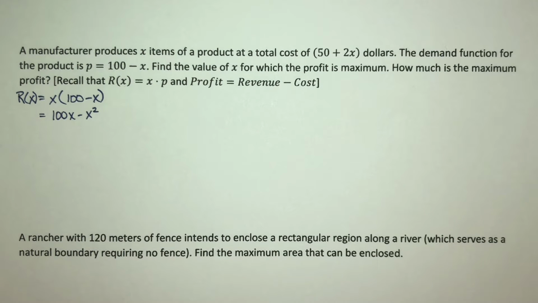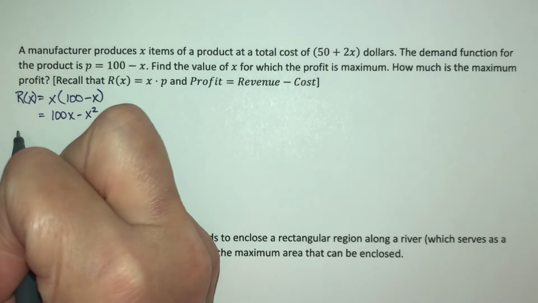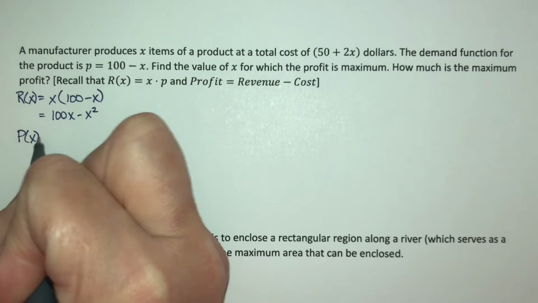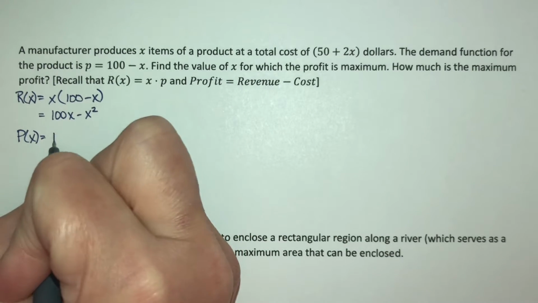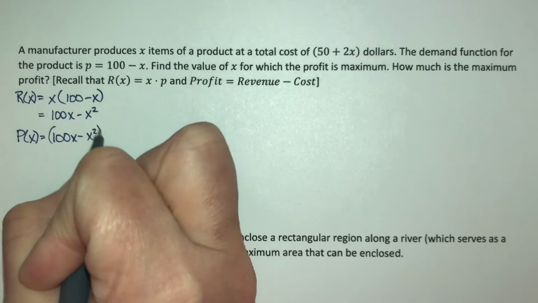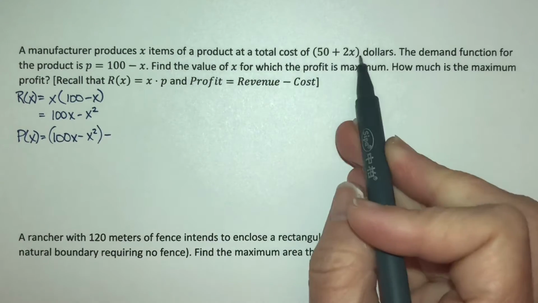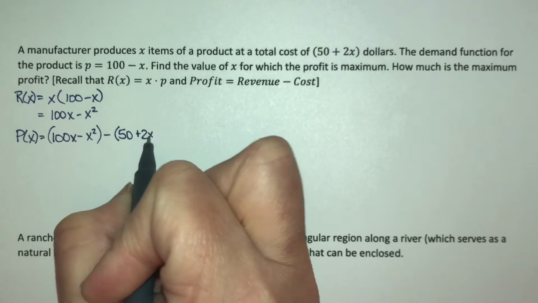Okay. Now we're trying to maximize profit, so I need a profit function as well. Profit function is revenue minus cost, which is 50 plus 2x.